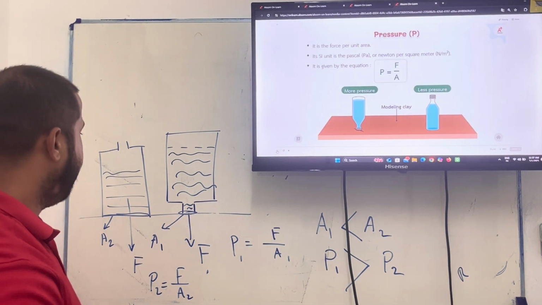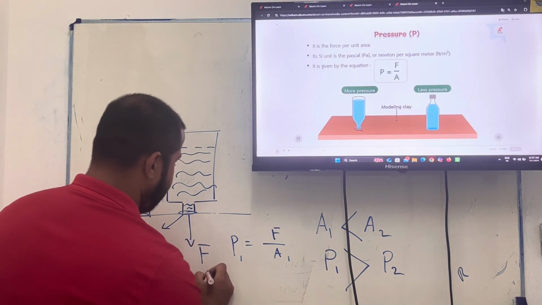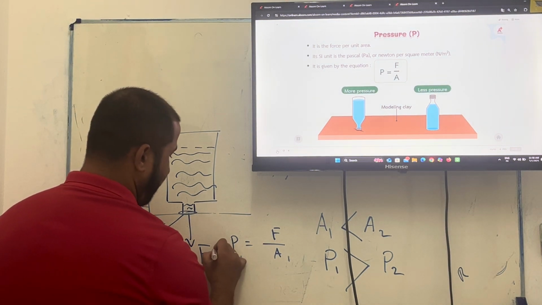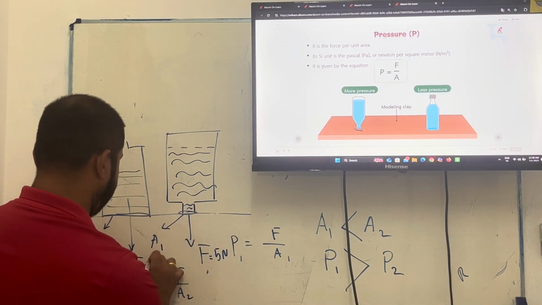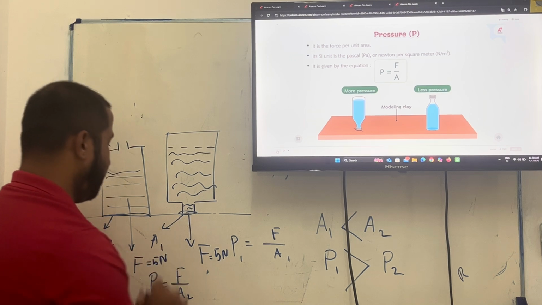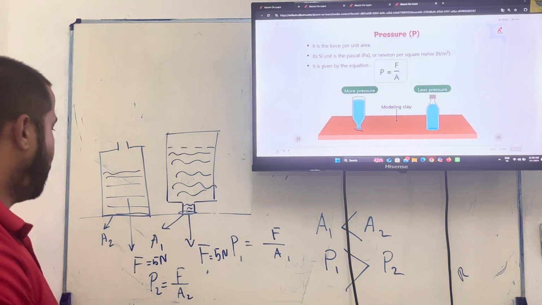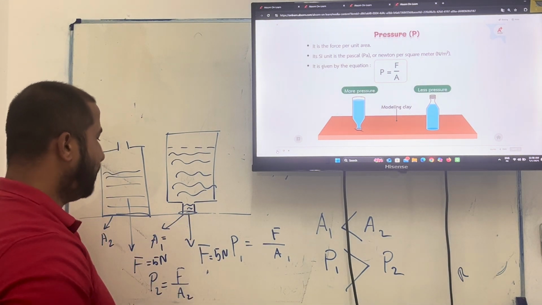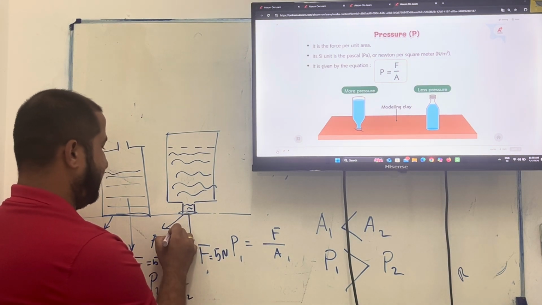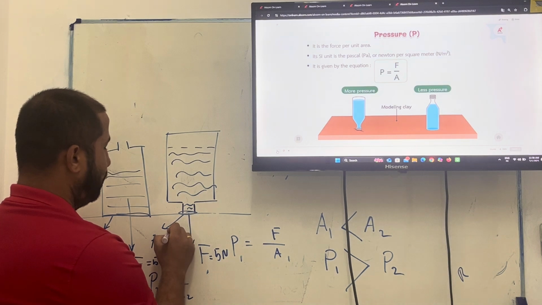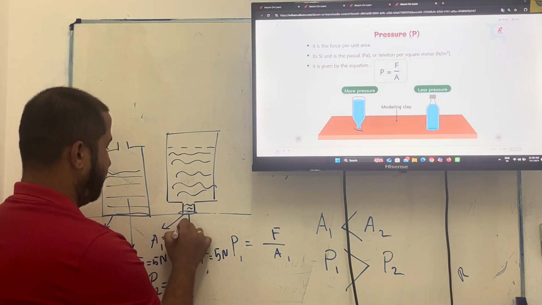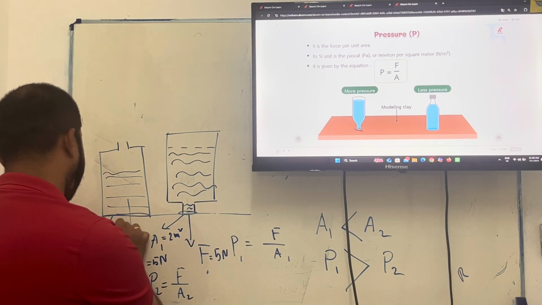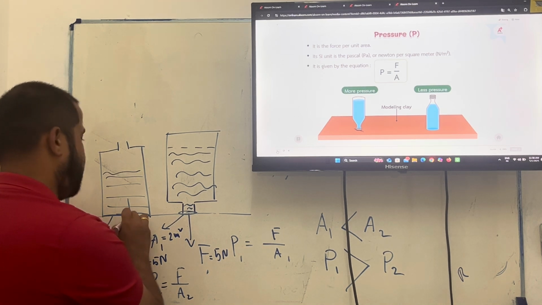So, for example, let's say the weight of both the bottles is around 5 Newton. Both the bottles have the same amount of downward force. For area, this is a very little amount of area, for example, let's say around 2 meters square. But the other one has a bigger area, let's say 5 meters square.